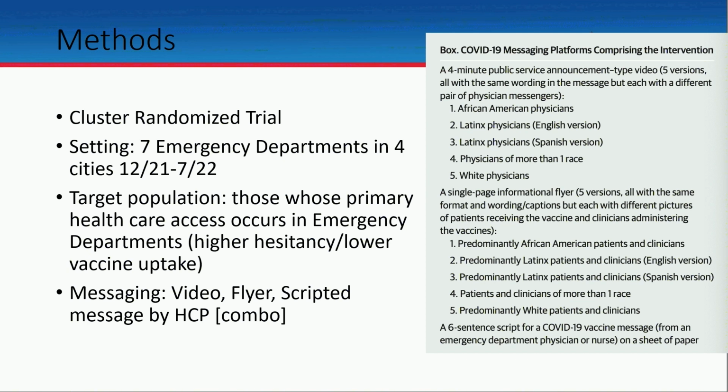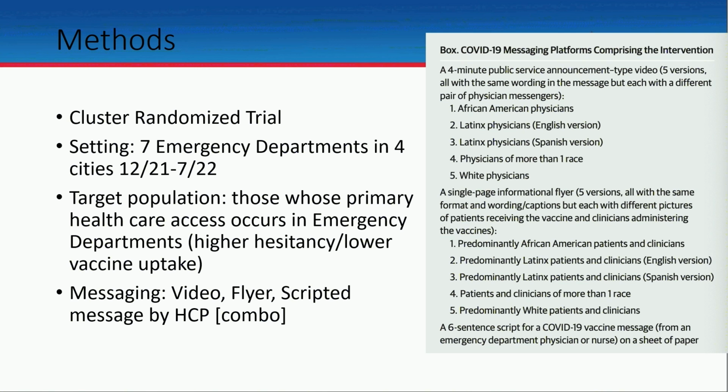Their target population was those who primarily received their health care in the emergency department, so without PCPs. They enrolled non-critically ill, unvaccinated patients who were in the waiting room. The interventions were a combination of either a 4-minute video in English or Spanish to message about the vaccine, a 1-page flyer, or a brief scripted verbal message from either the ED physician or ED nurse.